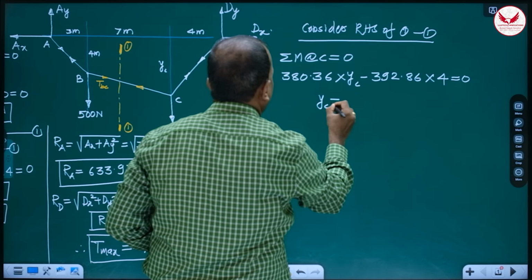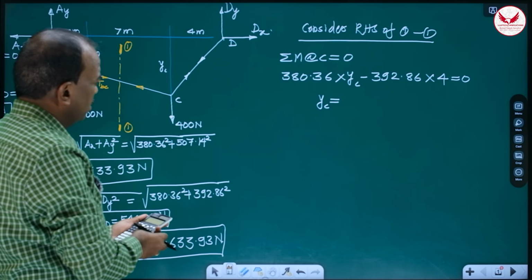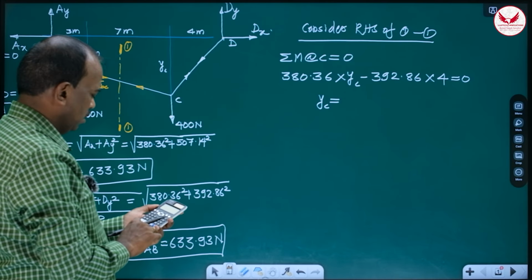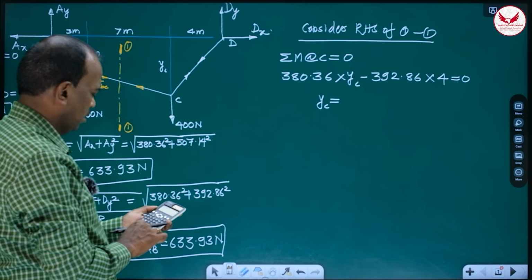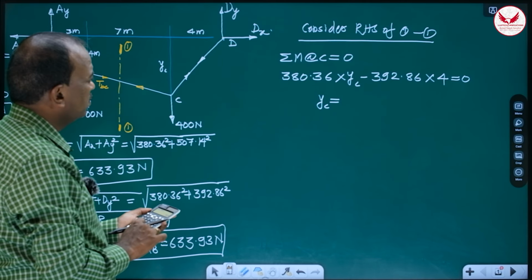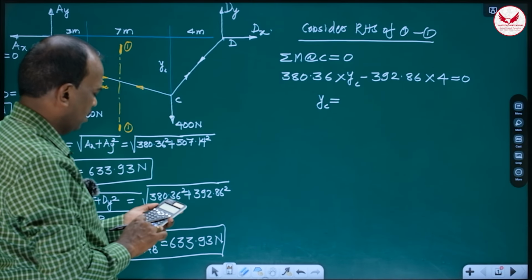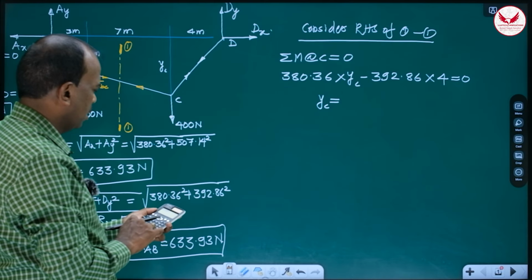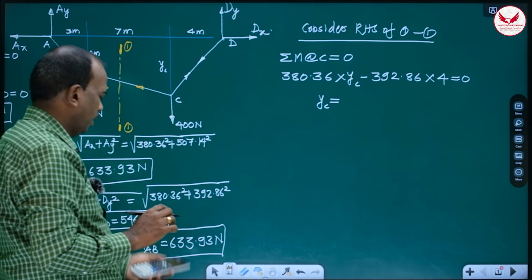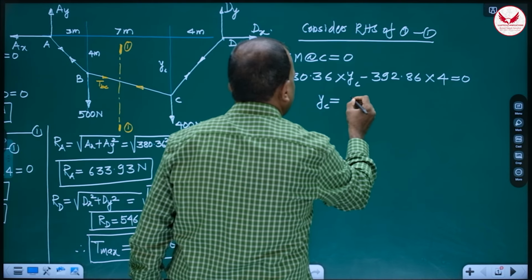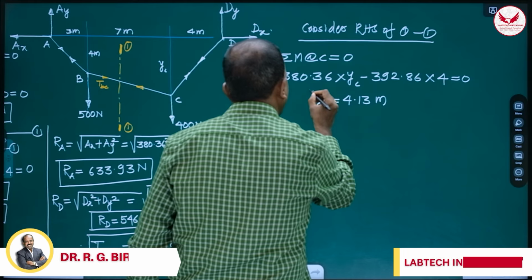From this, we will get YC. So it is going to be 392.86 into 4 divided by 380.36, which is 4.13. YC is 4.13 meters. In some questions only this may be asked.